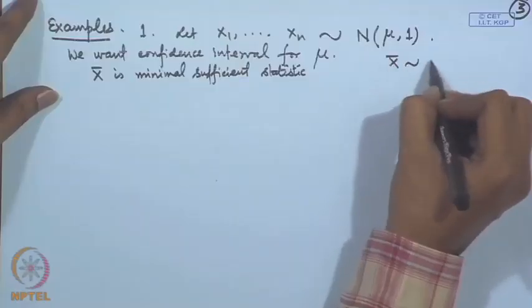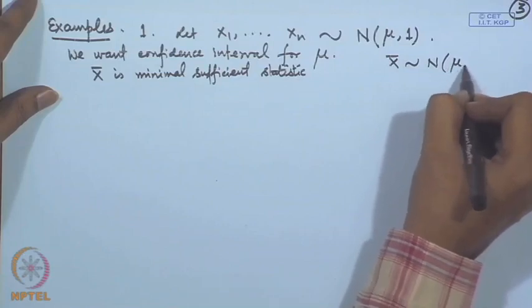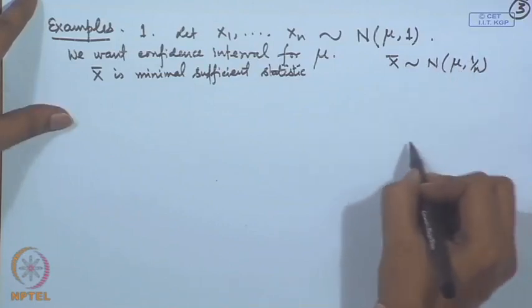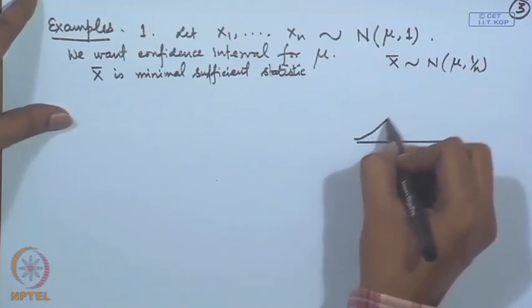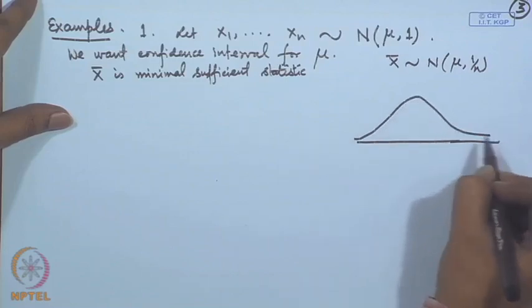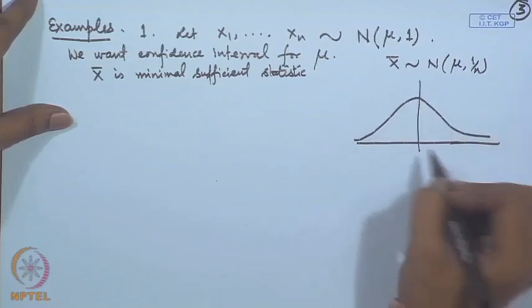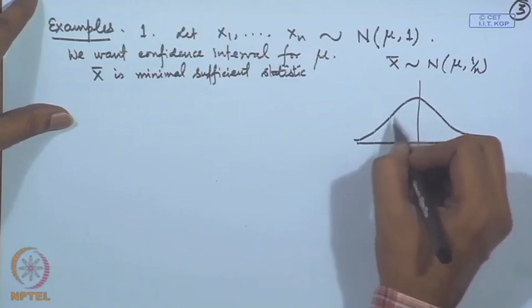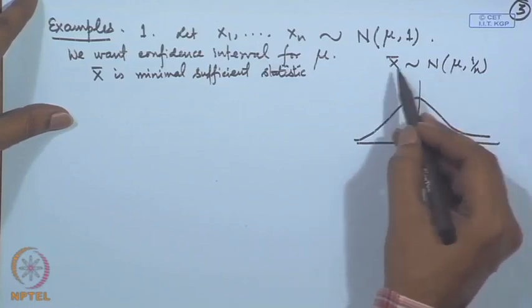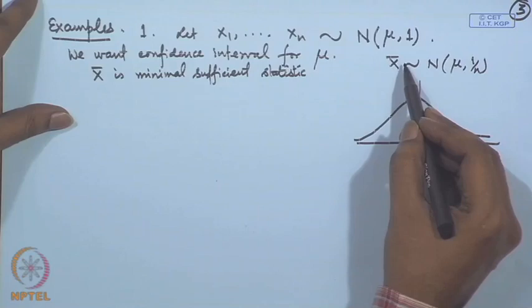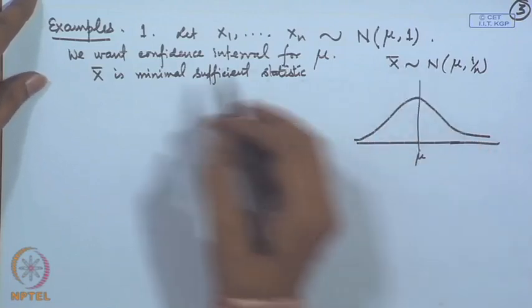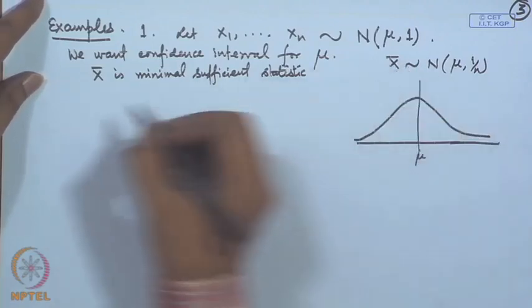So, when we are setting up a confidence interval, it is natural that we will restrict attention to the minimal sufficient statistic x bar. And also, what is the distribution of x bar? X bar follows normal mu, 1 by n, which is actually a symmetric distribution. So, naturally it suggests that we take an interval around mu which is based on x bar.